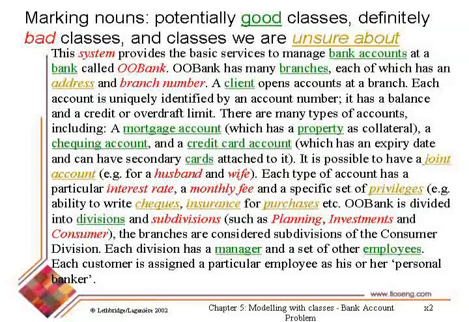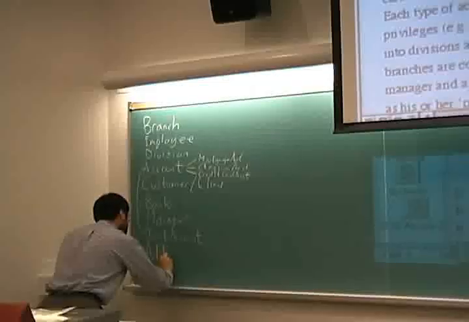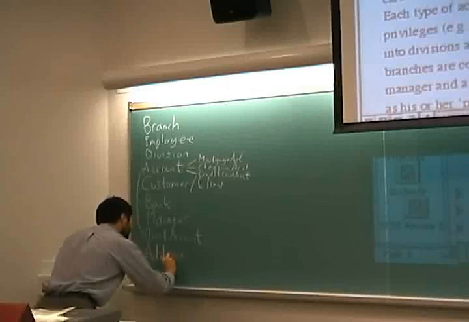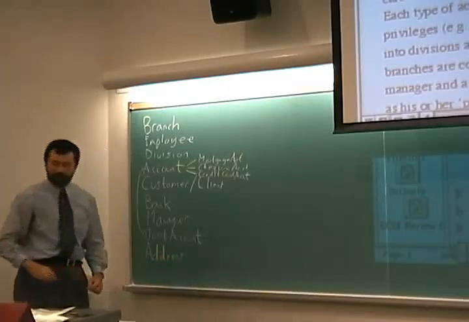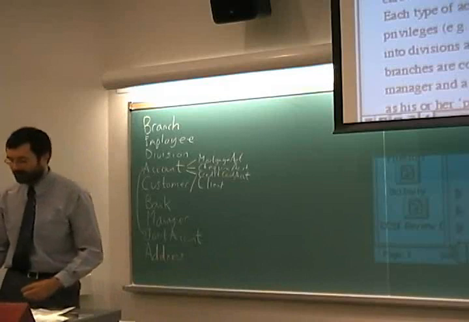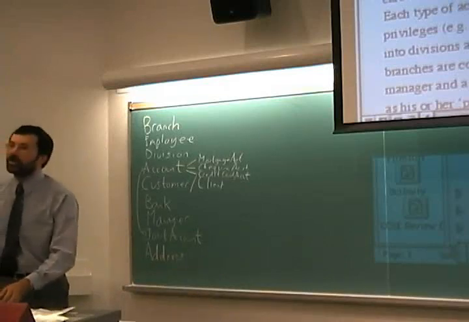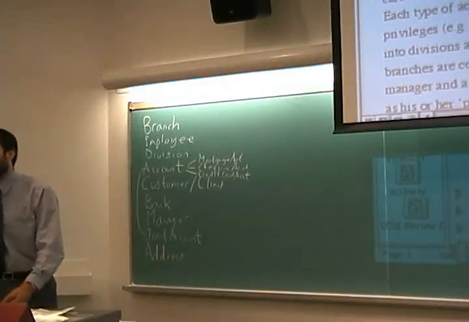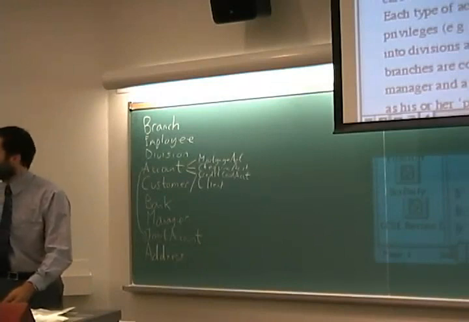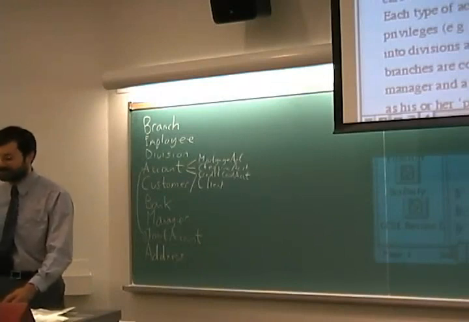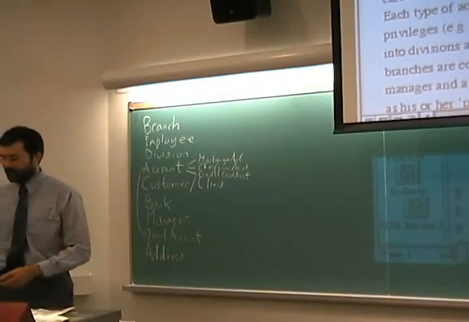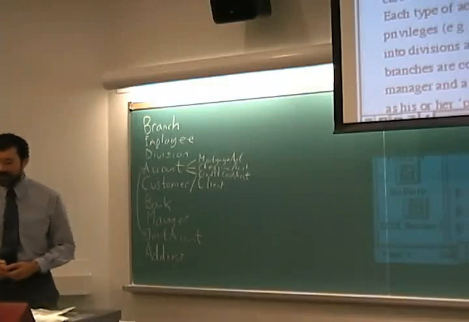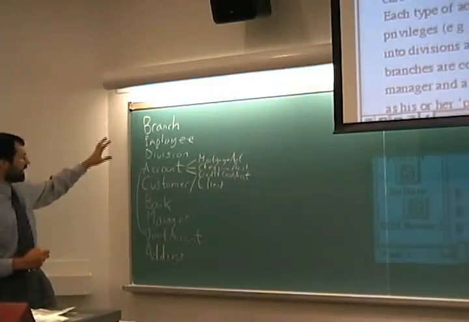Okay, so she's suggesting that address might very well, in this case, deserve to be separate, because we might have different addresses on an account, and also we might have the address of the mortgage property, and that makes a lot of sense. Right. Okay. Let's leave it at that point, okay?